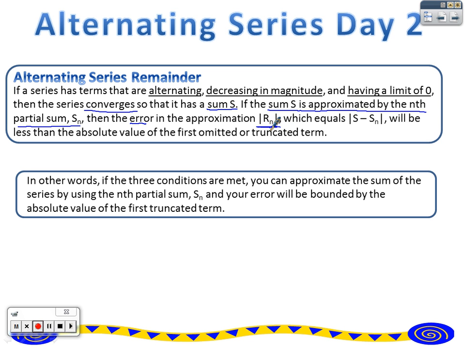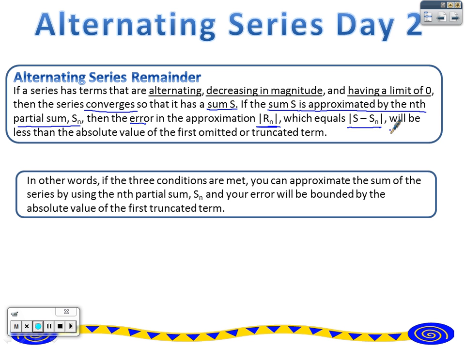Now R means remainder, and remainder means error. They like using the word remainder for error. It's basically the leftover part, the part that's not exact. So you need to be comfortable with knowing that R sub n means error or remainder. The actual word is remainder. This is just another way to write the error.